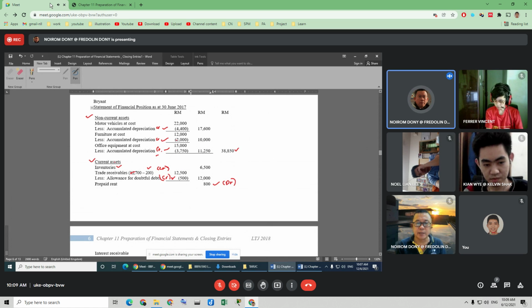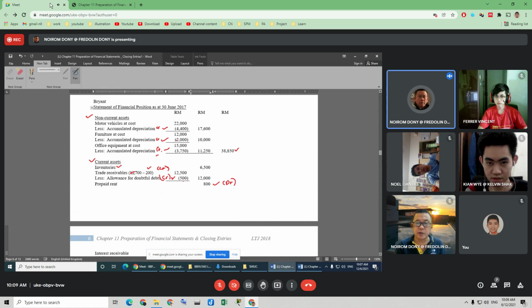Same goes with current asset. You use the second column, except for trade receivable. For trade receivable, you have a few adjustments, so you need to use the first column. We take the trade receivable net after the bad debts just now, 12,050, and then we have allowance for doubtful debts.